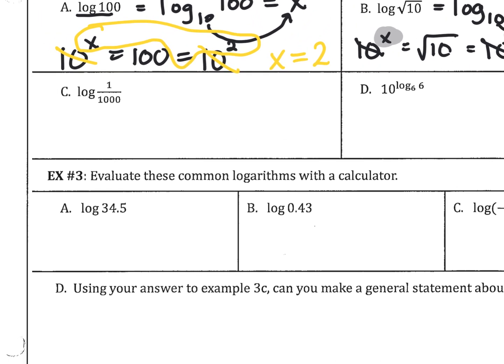Now, try C. Let's try C. How do we rewrite it? Log base what? Log base 10 of 1 over 1,000 equals, now rewrite it, spiral and rewrite.